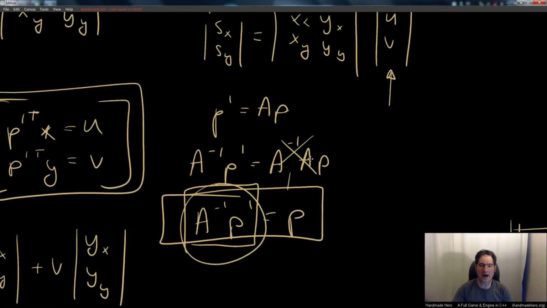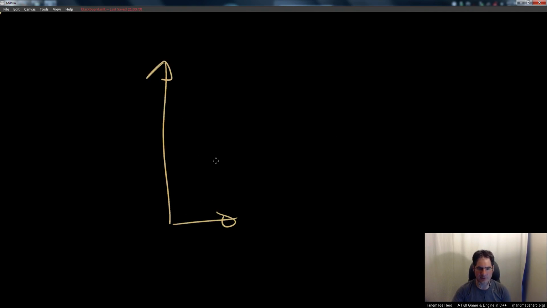When we tested this, if you remember, we tried making things bigger or non-uniform scaling, but we kept this angle at 90 degrees. So what does that do to our matrix?